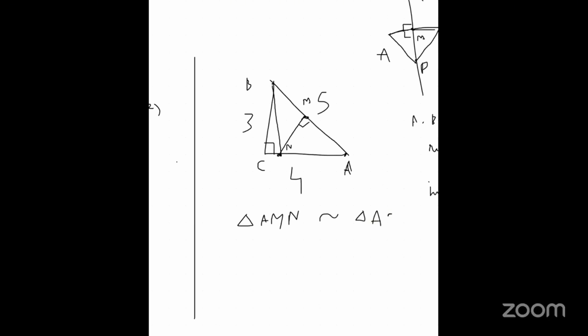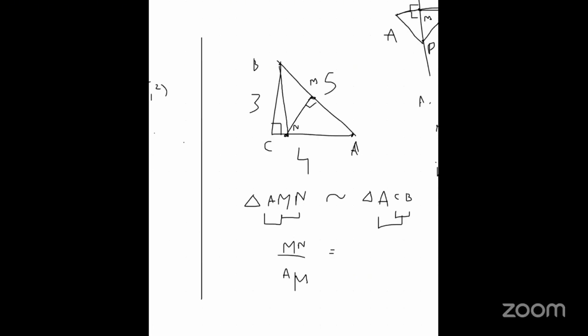You can observe this. And now MN ratio AM, so MN divided by AM, is equal to CB ratio AC, which is 3/4.